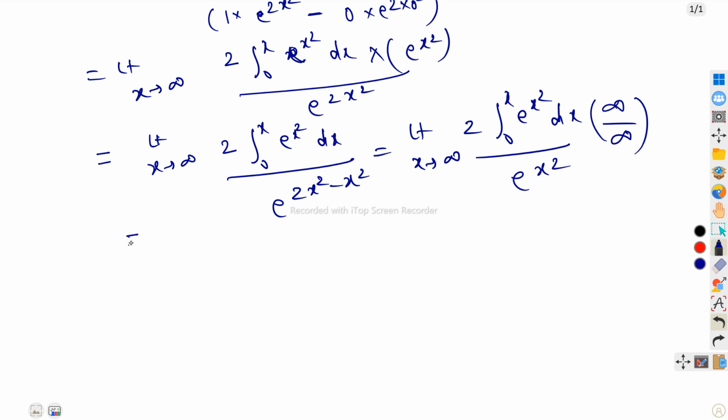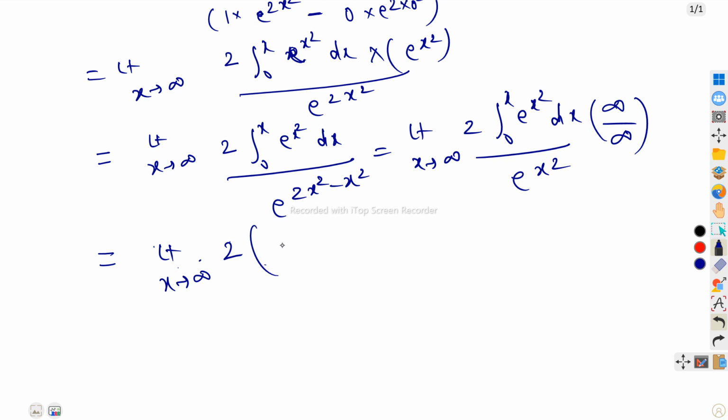Again, limit x tends to infinity, this constant 2, and differentiate numerator using Leibniz rule that we have mentioned earlier.